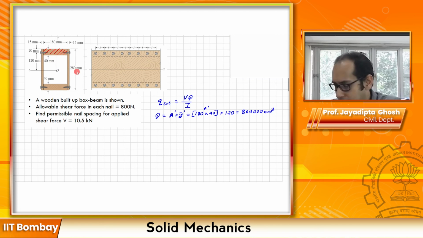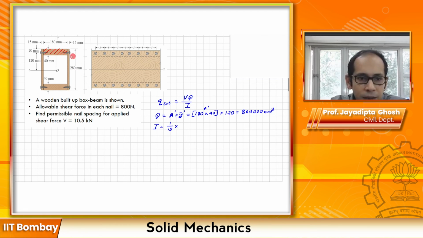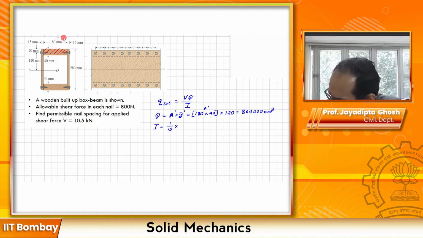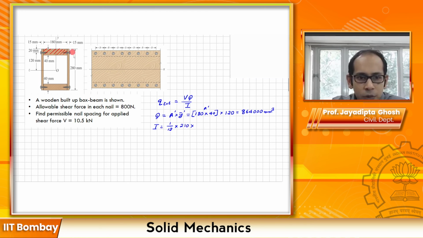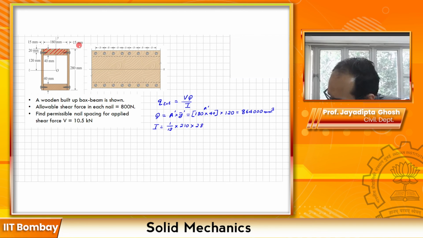I'm going to write it out, in case you're unclear how to calculate I. So I for the entire thing is 1 by 12 times B, which is 180 plus 15, which is 210, times D cubed, that is 280. That is assuming that the entire thing is solid.